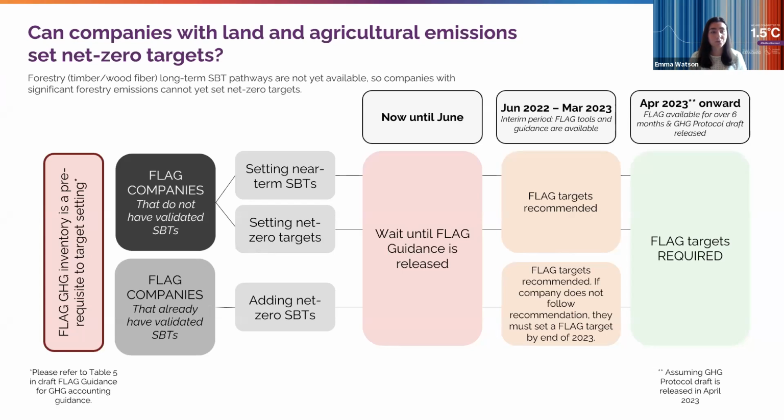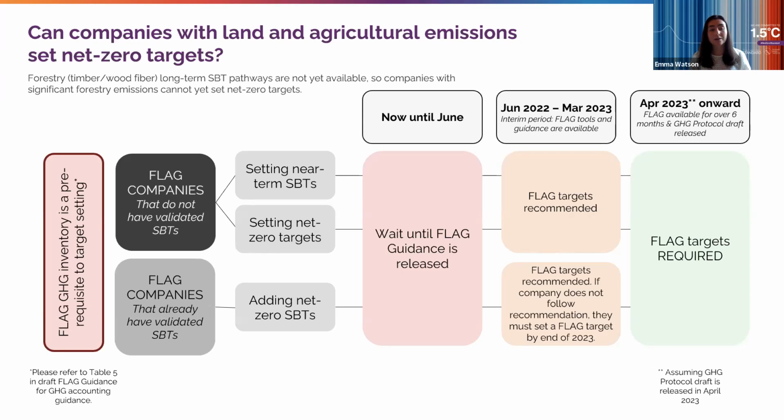First of all, it's really important to say that having a greenhouse gas inventory is going to be a prerequisite to target setting. So the first thing that a company with emissions applicable in these sectors needs to do is to set their greenhouse gas inventory. Now, the Greenhouse Gas Protocol is currently undertaking a process to develop guidance for this sector. Many companies have been waiting for this, and they're really excited for it to come out.